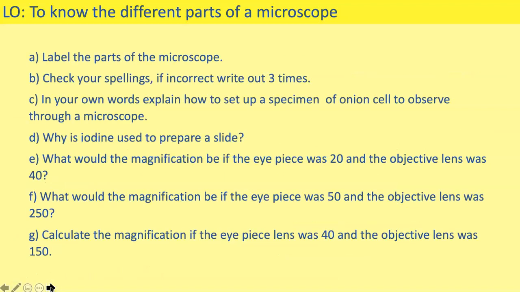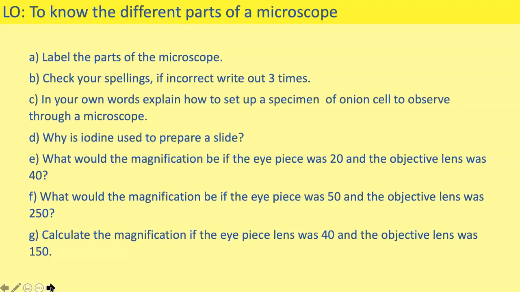Okay, so these are the questions we need to be able to answer. What I want you to do is pause the video and have a go at these questions. The first one is to label the parts of the microscope. We have already done that, so have a go at doing it yourself. Then you need to check your spellings, okay? When I put the answers up, we need to make sure that we've spelt all the different parts of the microscope correctly.